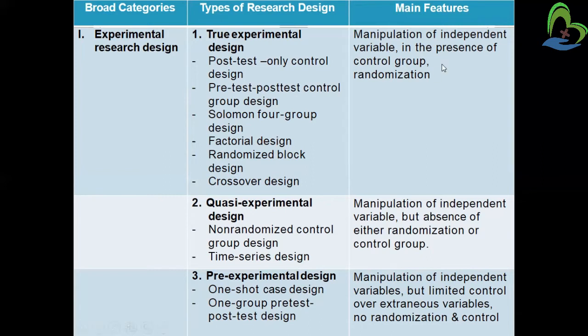Next is the pre-test, post-test control group design. Here again there is random assignment to the experimental group and control group. But in the experimental group, we include a pre-test before any kind of intervention. So the experimental group undergoes a pre-test prior to any learning; I am teaching the students, but first I assess their previous knowledge before any teaching is given.